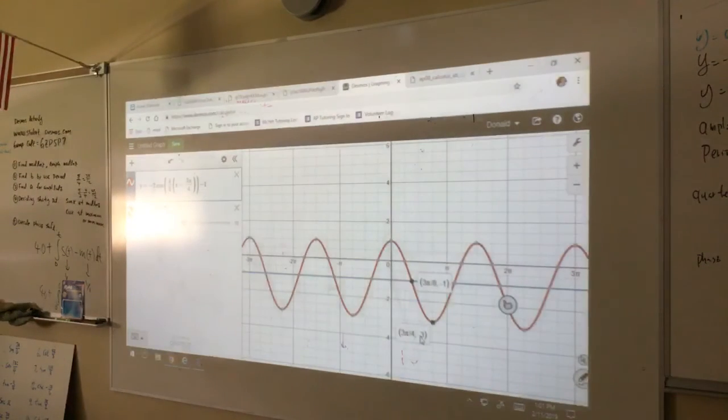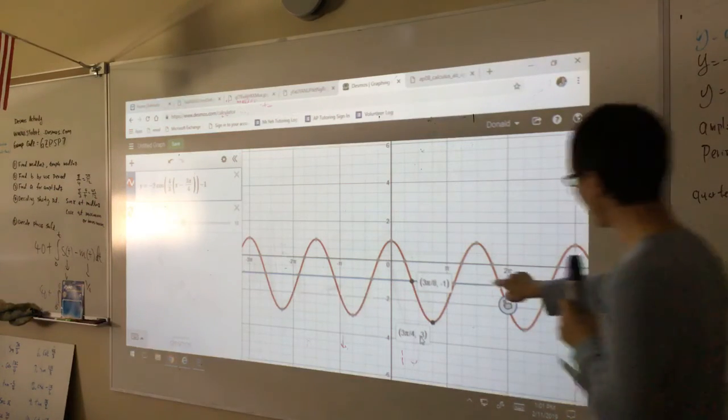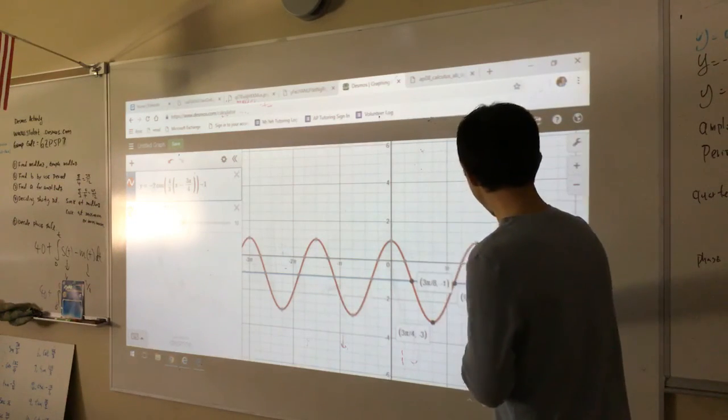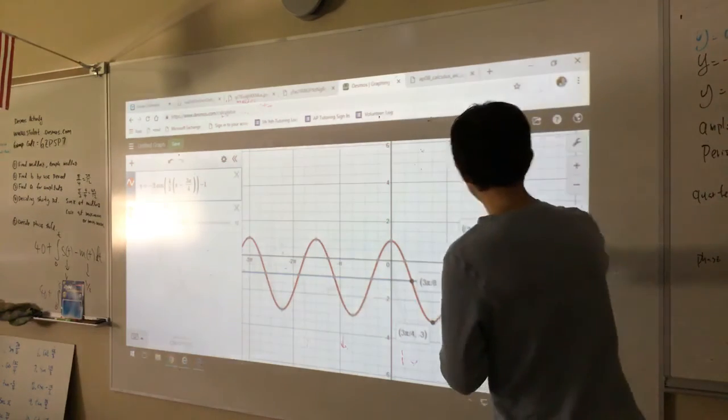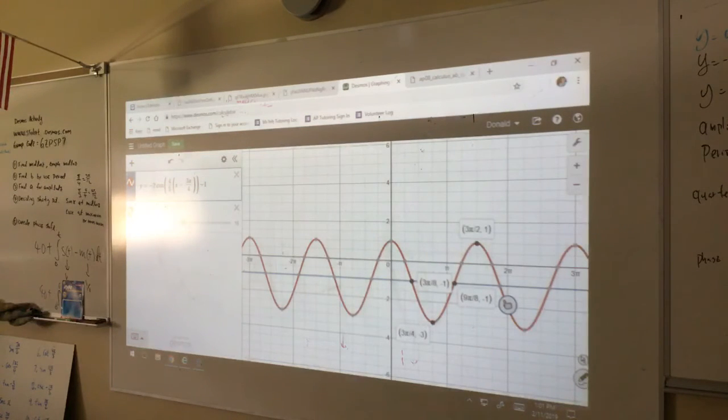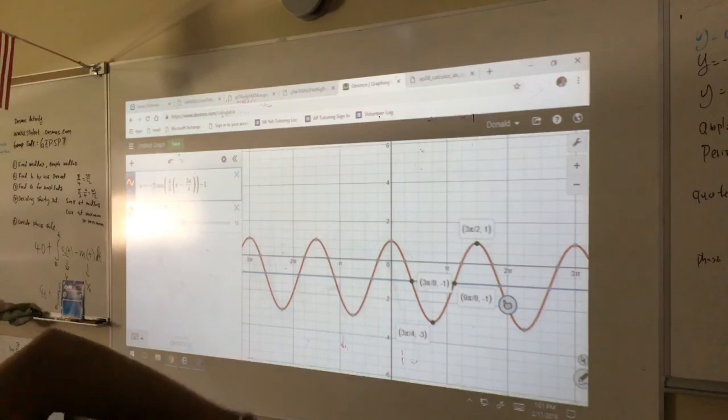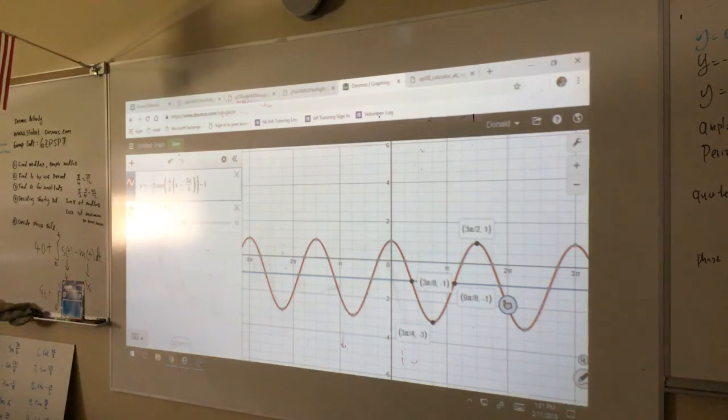Then this point here is 9 pi over 8, and this point here is 3 pi over 2, which is also 12 pi over 8. If you simplify, divided by 4, that's 3 pi over 8. So that means my cosine graph is right. Are we okay with the cosine graph?